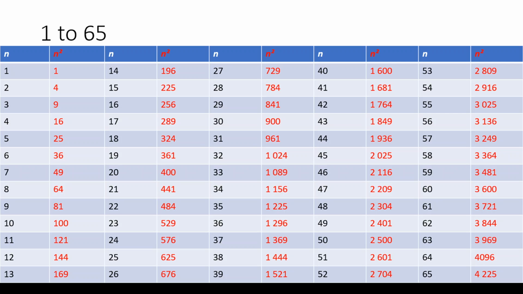Then 13 squared is 169, 14 squared is 196, 15 squared is 225, 16 squared is 256, 17 squared is 289, 18 squared is 324, 19 squared is 361, 20 squared is 400. So knowing your squares up to 20 can help. And the main ones you need to know are 13, 16, and 20, because from there you can sort of navigate it.